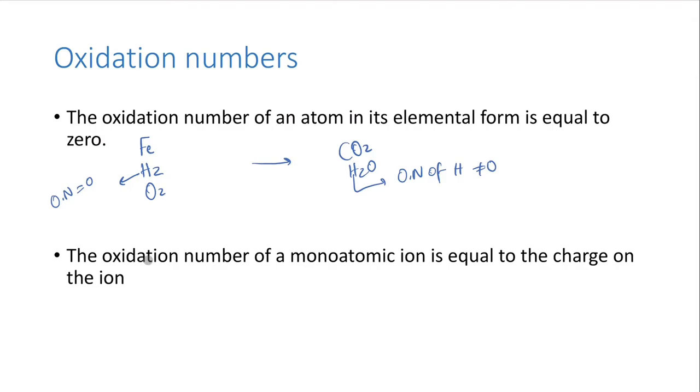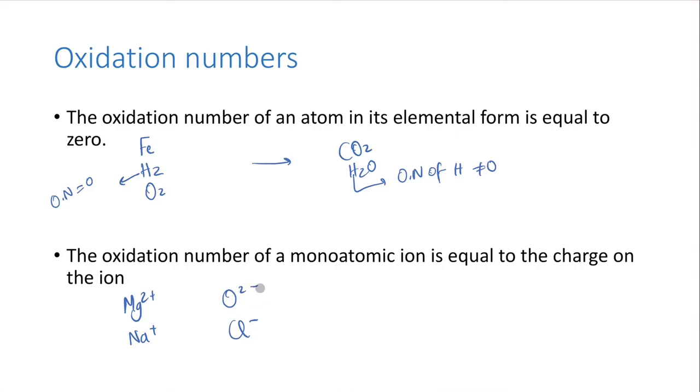The second rule is that the oxidation number of a monoatomic ion is equal to the charge of the ion. It should be monoatomic. Examples: Mg2+, Na+, O2-, Cl-.